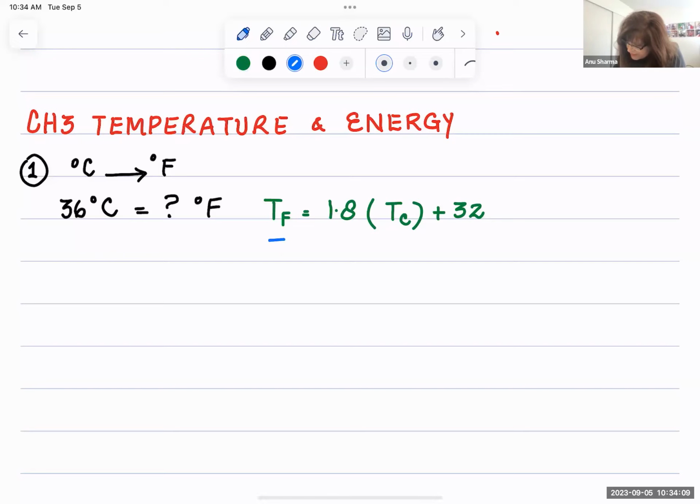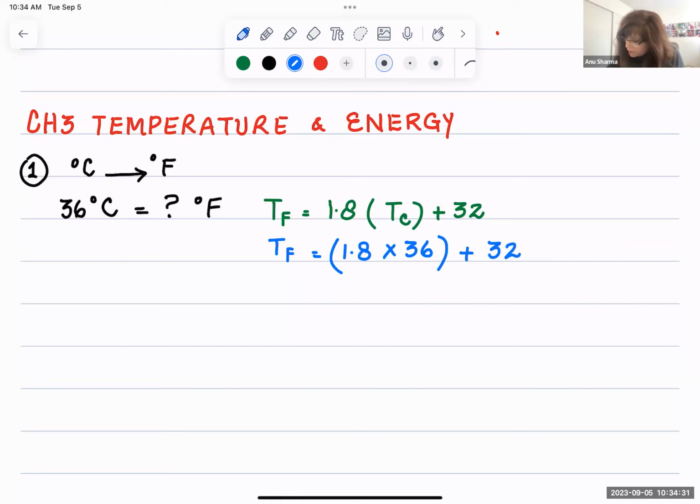Now TF is equal to 1.8 multiplied by 36. You always solve this first, and then add 32.